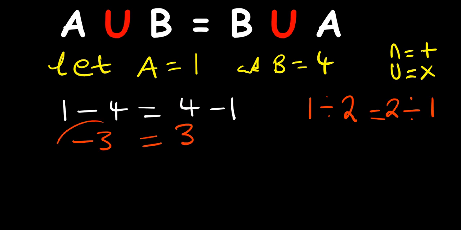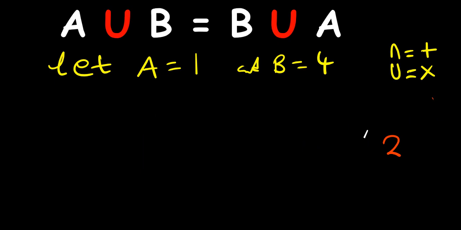Now, is negative 3 equal to 3? Of course not. Let's come to the other side. 1 divided by 2 gives us 0.5, and 2 divided by 1 is just a 2. Is 0.5 equal to 2? No. So division and subtraction are not commutative.